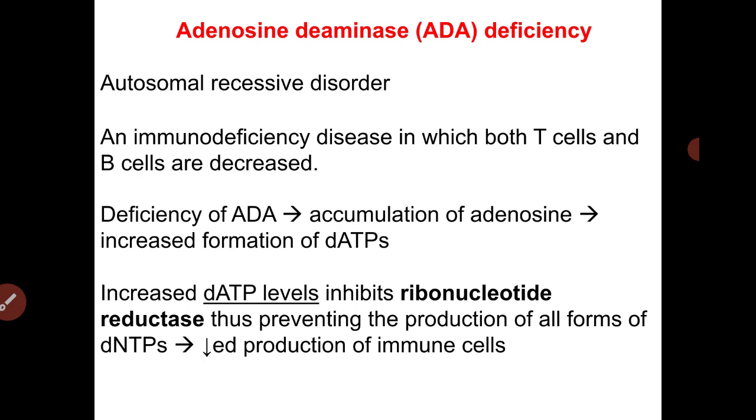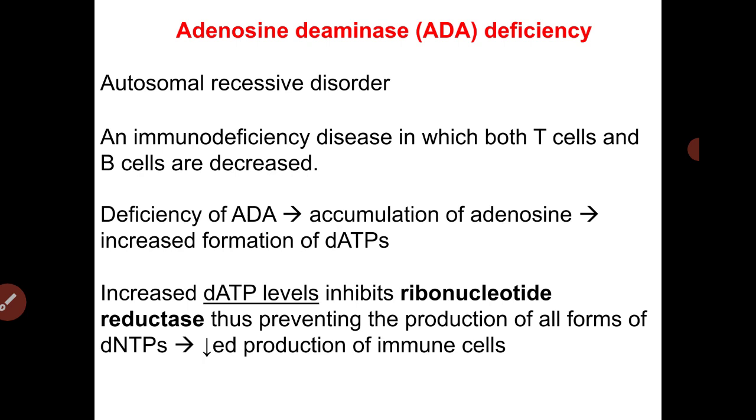So here deficiency of adenosine deaminase will lead to accumulation of adenosine, which is then increased leading to the formation of deoxyadenosine triphosphate. This deoxyadenosine triphosphate will inhibit the enzyme ribonucleotide reductase, which is required for the formation of other deoxynucleotide triphosphates.